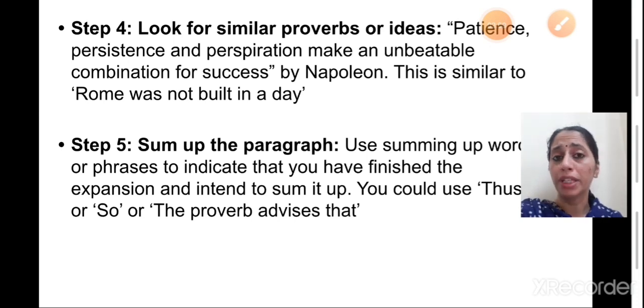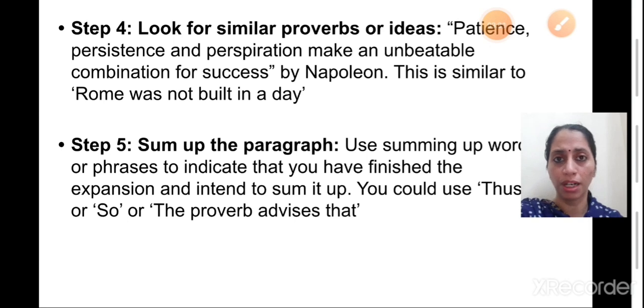So what do we require for that? We require patience. Yes, it will take quite a long time. Persistence, the will to achieve it in spite of having many problems in your life. And perspiration. What is perspiration? The process of sweating is called perspiration. But when do you sweat?